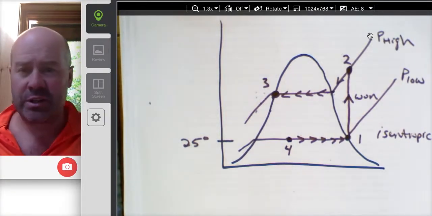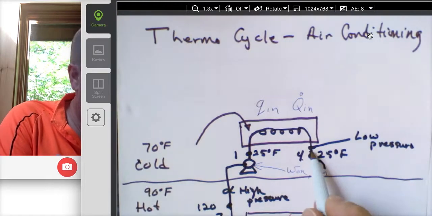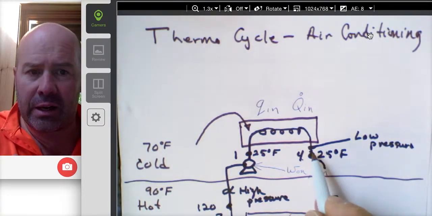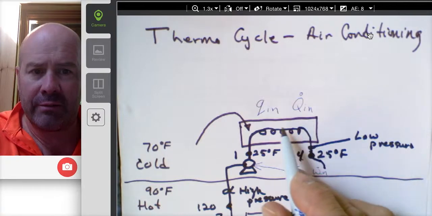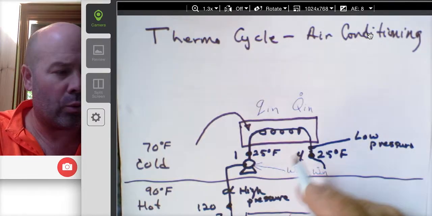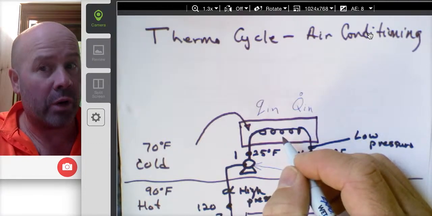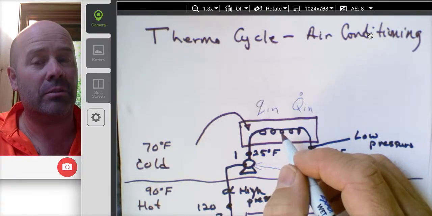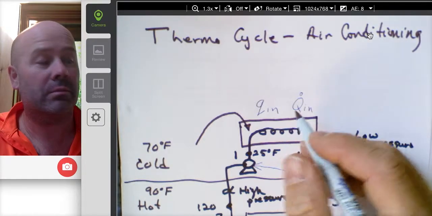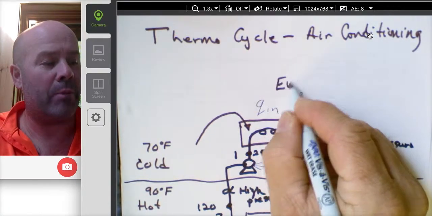We're going to talk through this again. The coolant comes in at point 4 and it evaporates or it vaporizes to point 1. Oh, I bet you don't know what we call this heat exchanger. The evaporator.